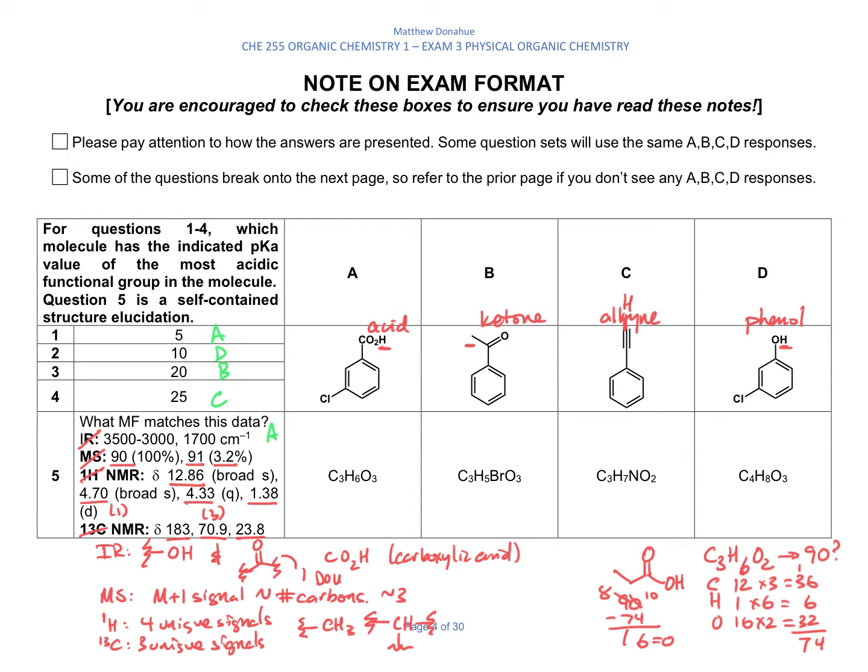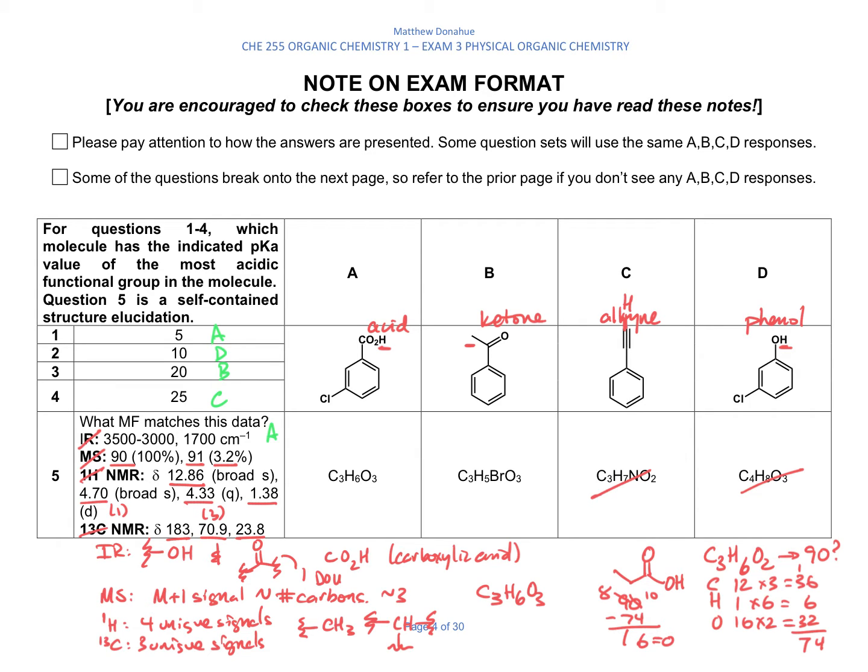So we need to revise our formula to C3H6O3 to account for everything. And at this point we can eliminate D. There's no odd mass, so we can eliminate that.